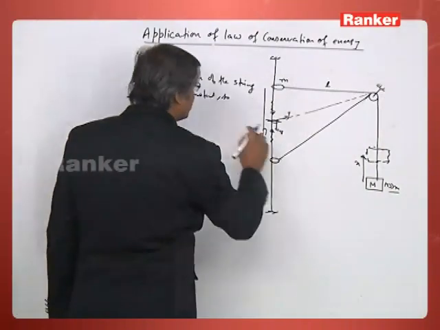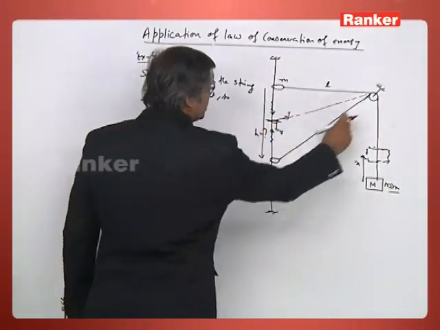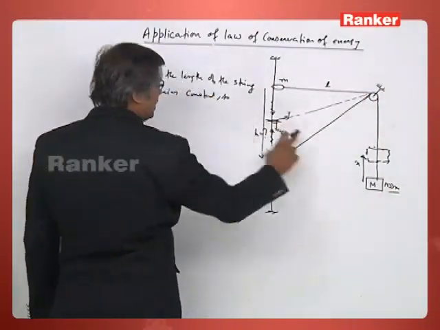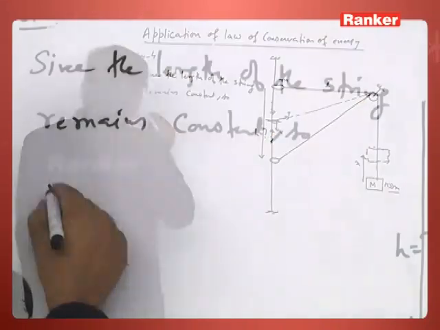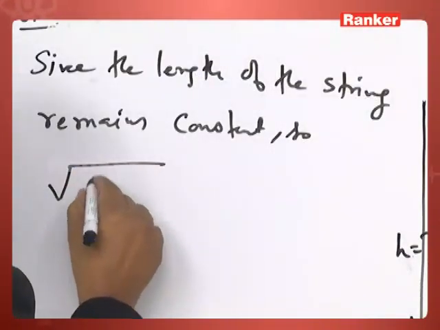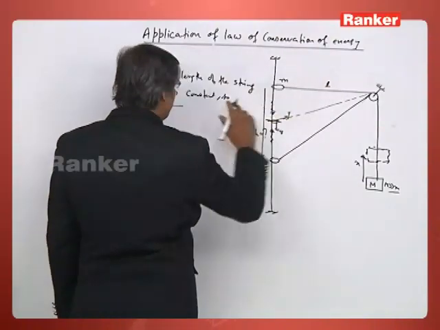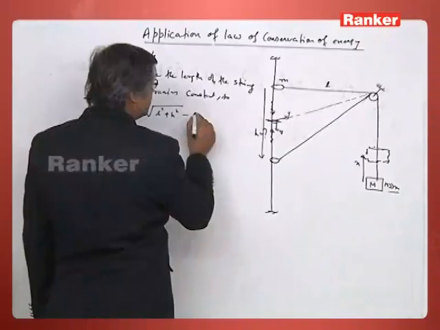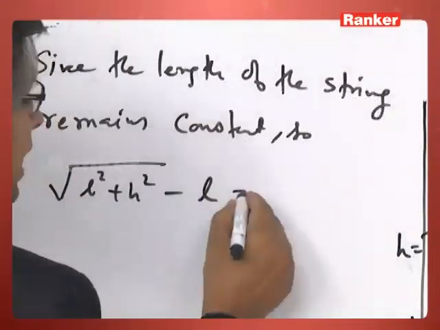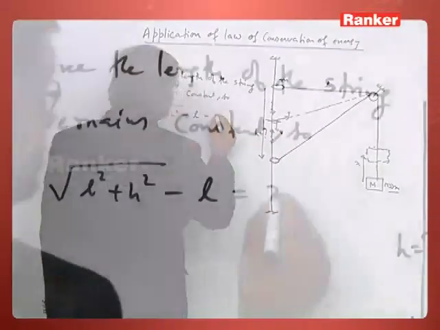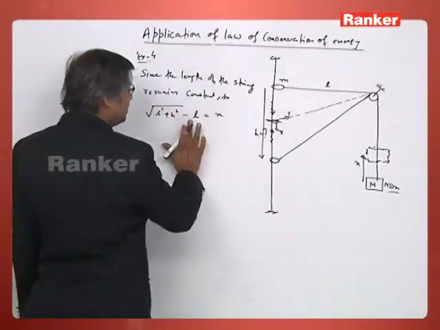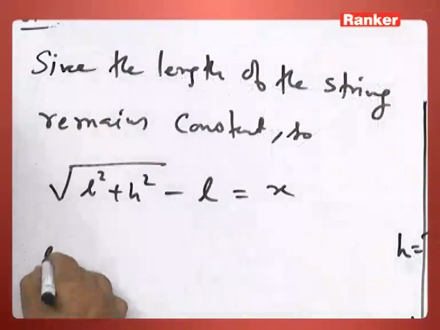So how much distance has it fallen? So this is the new length and this is the old length on this side. So root over L square plus H square minus original length L is the total distance x. So bring this L this side and square it.